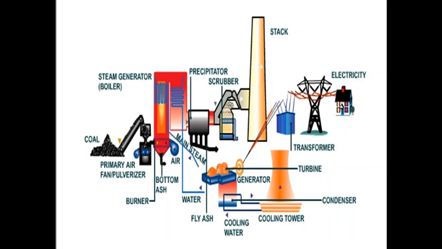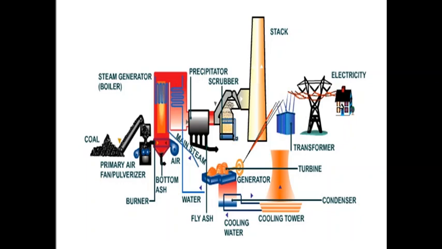So the coal which we feed into the mill gets ground, and after complete pulverizing it is pneumatically conveyed to the furnace where it is ignited and burned, and heat is released.